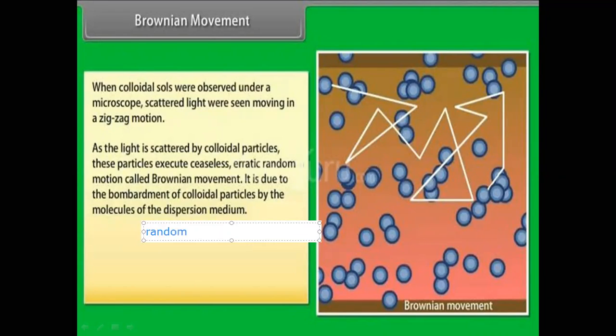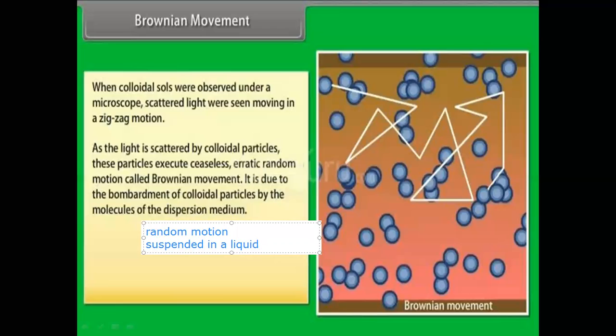Random motion of small colloidal particles suspended in a liquid or gas medium, caused by the collision of the medium's molecules with the particles, that is Brownian movement.